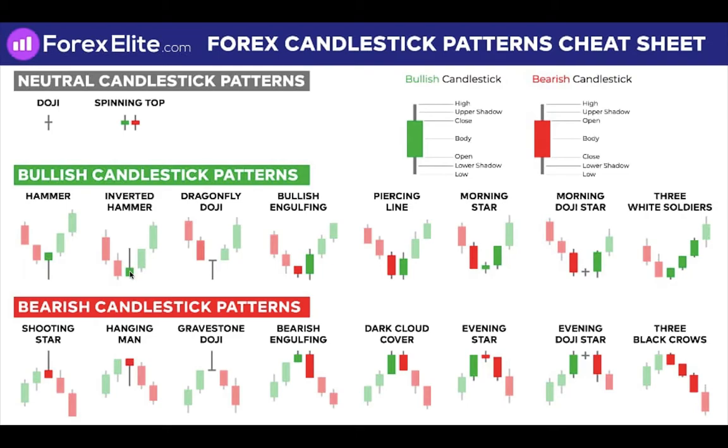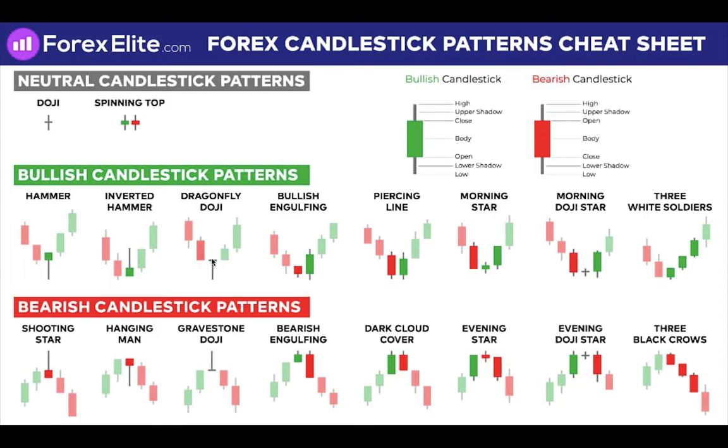If it's green, we know that they are bullish and they are the buyers. And then we have this one, the dragonfly. The dragonfly is a doji. A doji doesn't have a body, and you should look if it is like a T. If it has a T on top, it means that the buyers are winning.